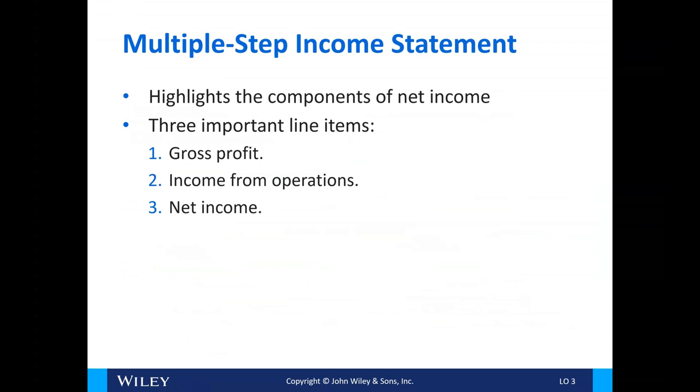Walmart is in the business of selling merchandise. They're not in the business of selling real estate, but if they happen to sell a building and make a profit, that is part of their profit, but it's not income from their operations because that's not their primary business. So we have gross profit, we have income from operations, and then we have other items like interest revenue, interest expenses, gains, losses.